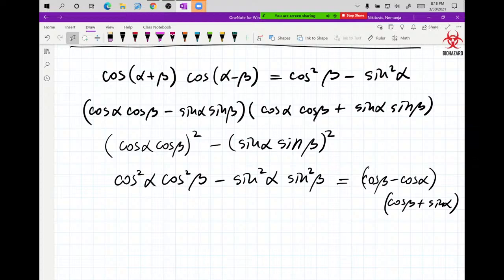Because that's a squared minus b squared, right, on this side. And I have cosine beta minus sine alpha, cosine beta plus sine alpha. And okay, that didn't help either.